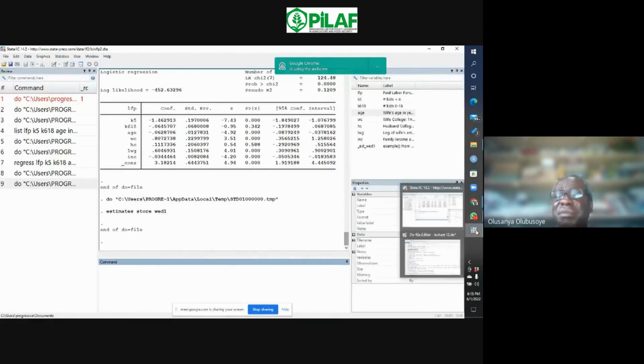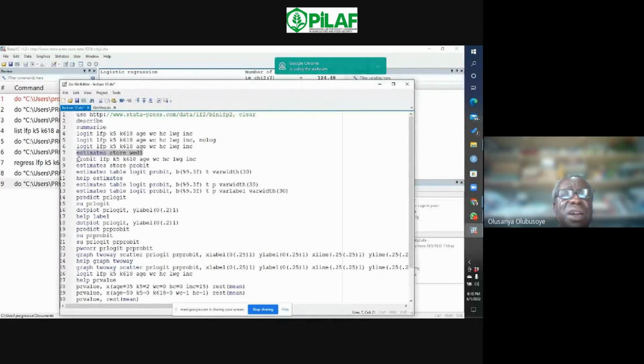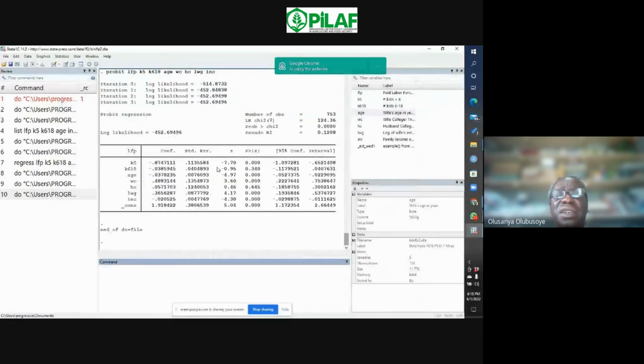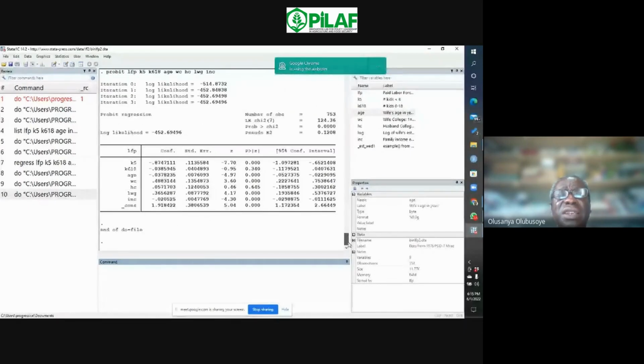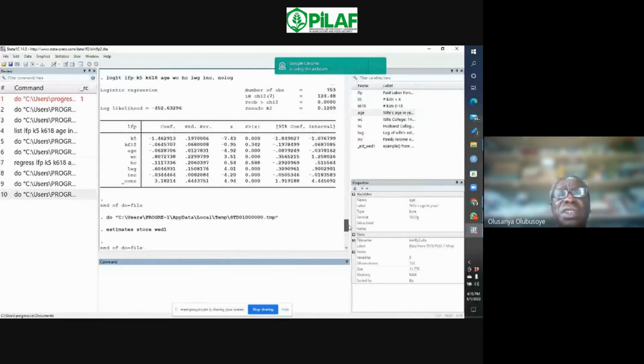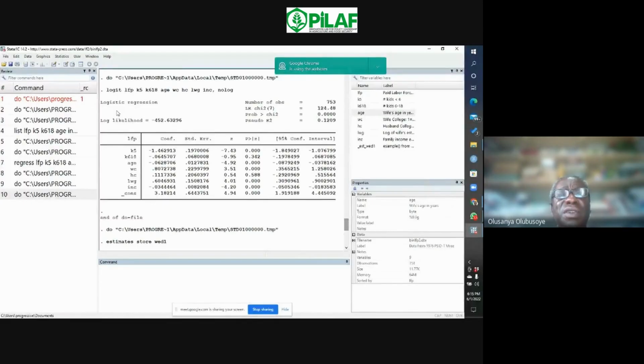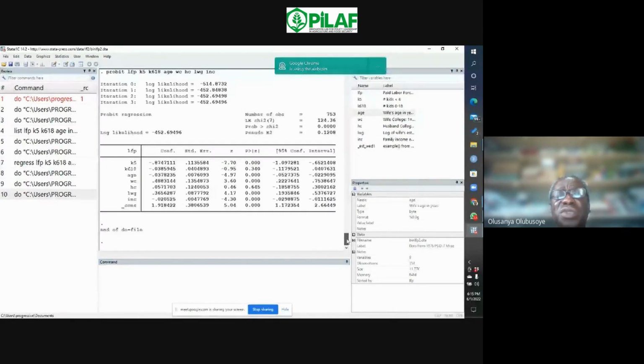Then I continue. This time I want to run the probit for the same set of variables. Even before we go further, you can quickly look at the results, but to make the comparison easy, that's what we are trying to achieve.